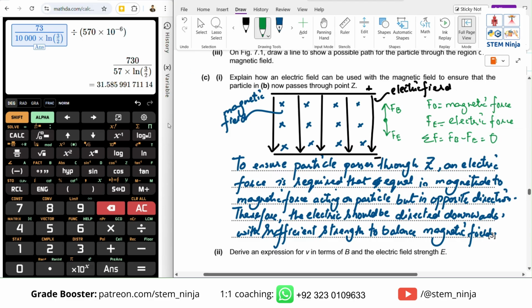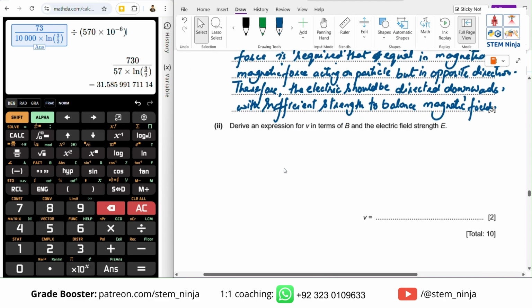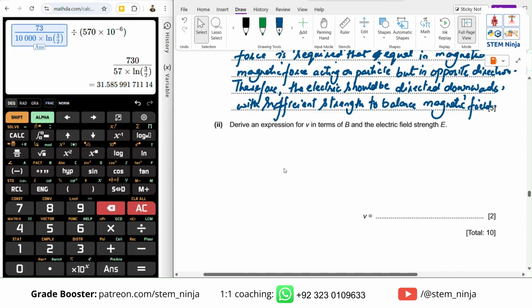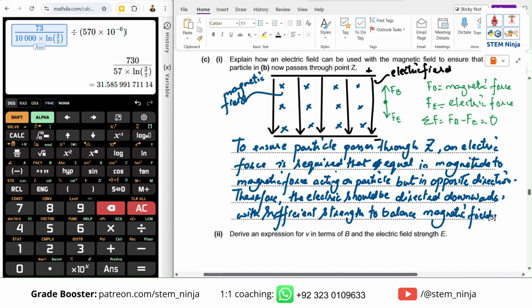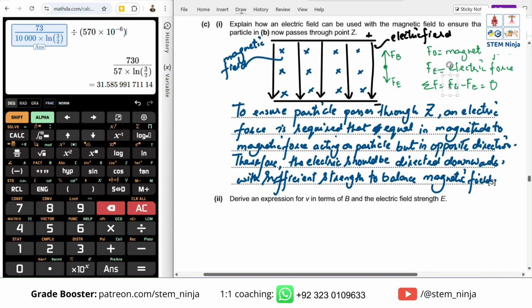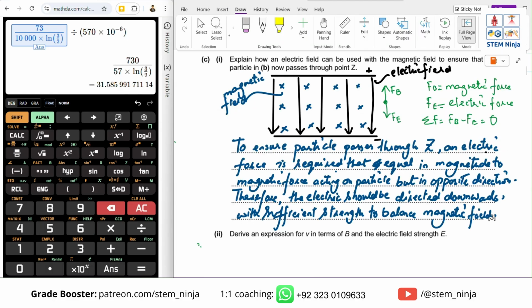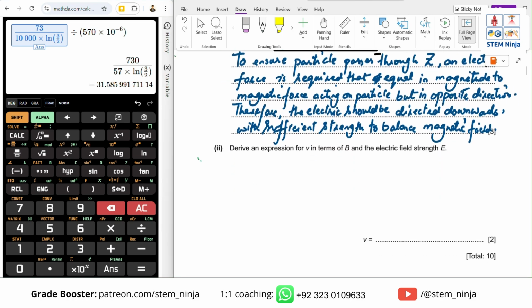Derive an expression for v in terms of B and electric field strength E. So this is exactly what we are going to do right from this. The magnetic force is equal to the electric force. Magnetic force is BQV, and electric force, remember, is QE.